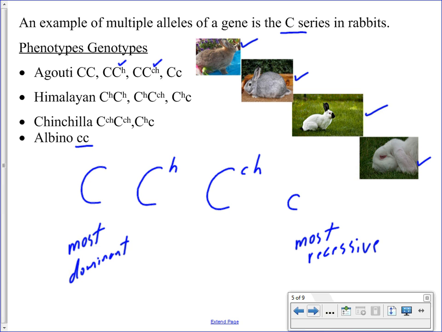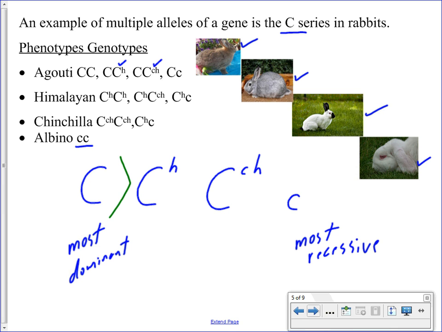So that means that the capital C is dominant over the capital C with either the superscripted H or the CH. If we take a look at the Himalayan, if we don't have the capital C on its own, but we have the other combinations, it doesn't matter what we put that C superscripted H with, we will always generate the Himalayan.